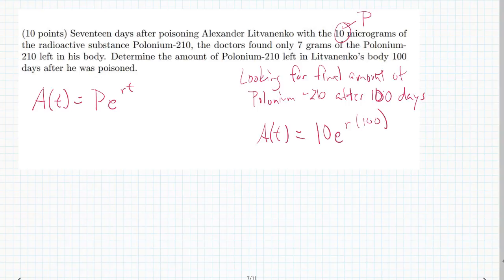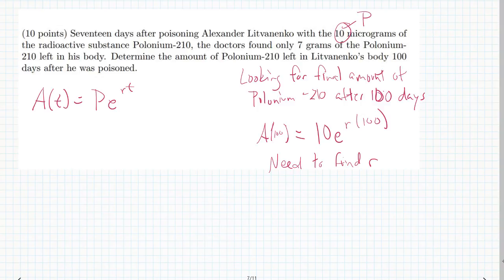Well, wait a second, I don't see R anywhere in the problem. So in order to do this, we're going to need the R value. Oops, and I put A of t, I'm sorry. It's at the 100th day mark, so we'll put A of 100 just to indicate that's the 100th day. We don't have R, so we need some extra work. So we need to find R.